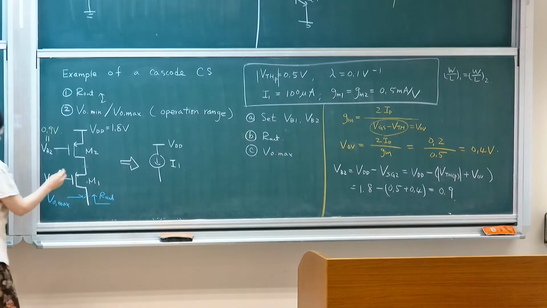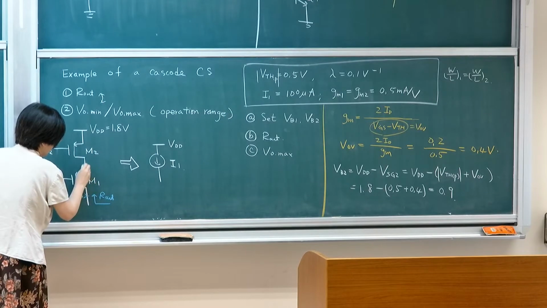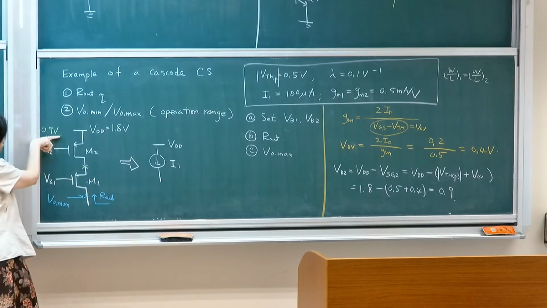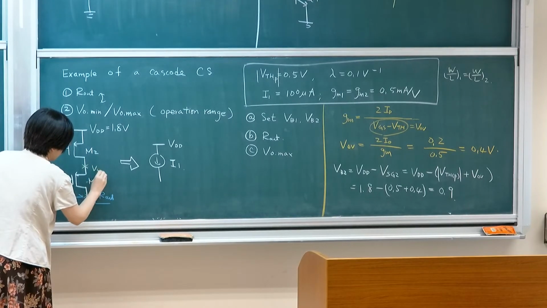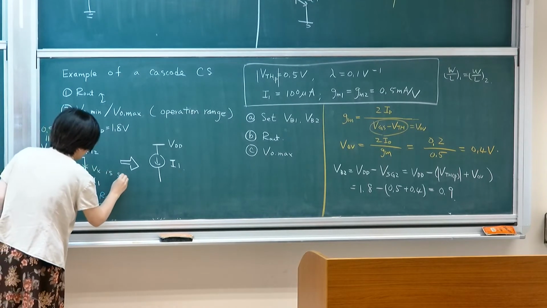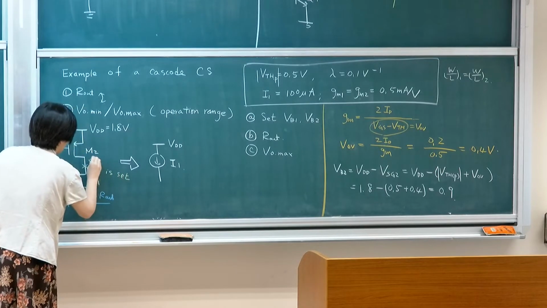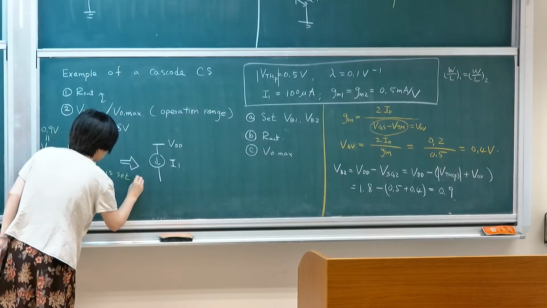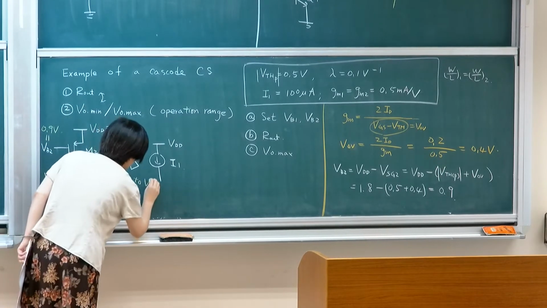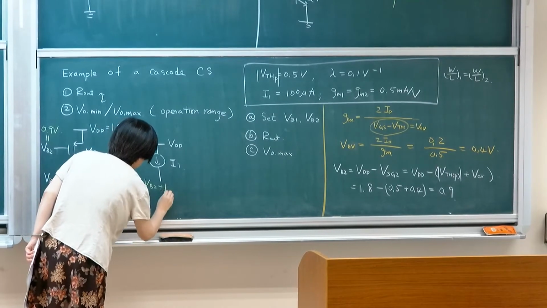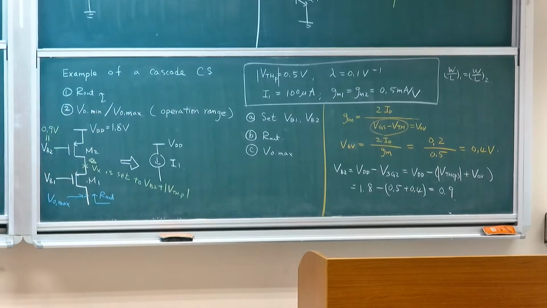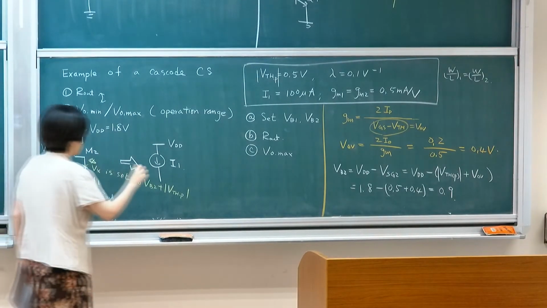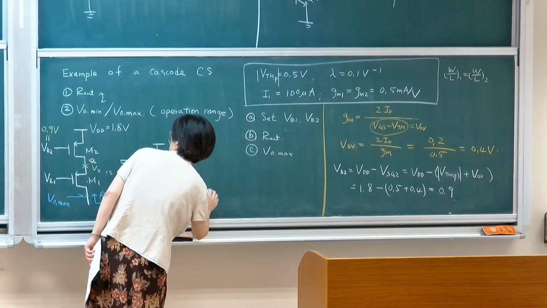Therefore, typically, let's say Vx is set to VB2 plus one threshold, so that it will be at the edge of saturation.